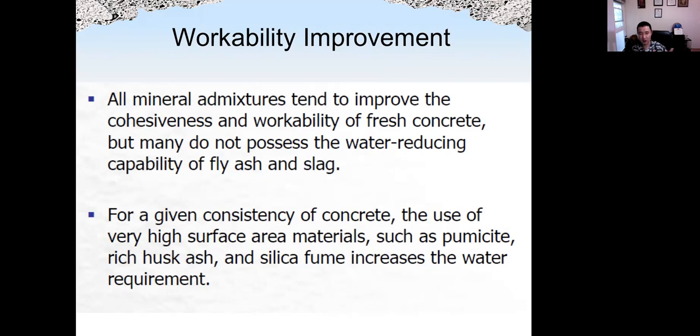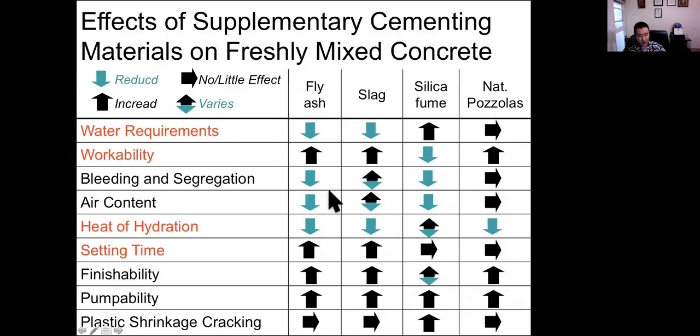We can use water reducing admixtures such as superplasticizer to compensate for that. This table summarizes the effect of SCM on fresh properties, such as water requirement, workability, heat of hydration, and setting time. You can just have a look at that.